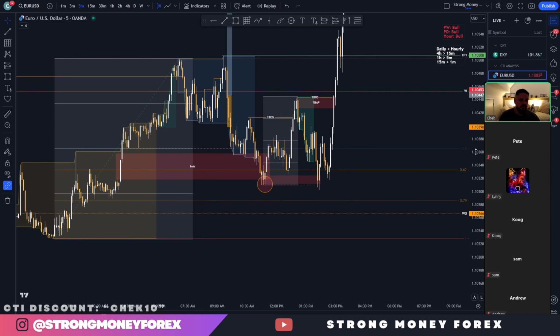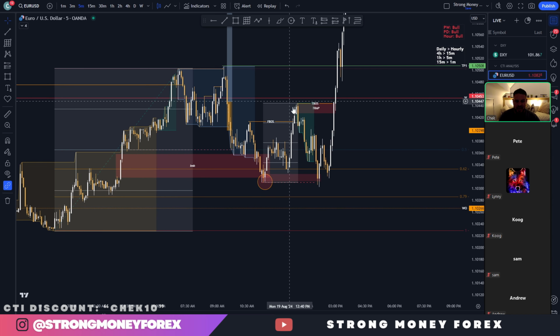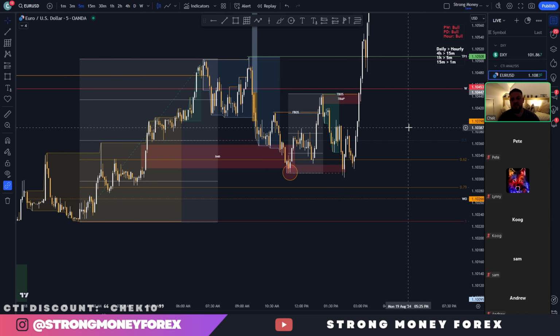So if you were selling from there and you came out at the lows, this is where internal and external liquidity are really, really important, guys, because price moves from external liquidity to internal liquidity, then from internal liquidity to external liquidity. That's the market cycle, okay?